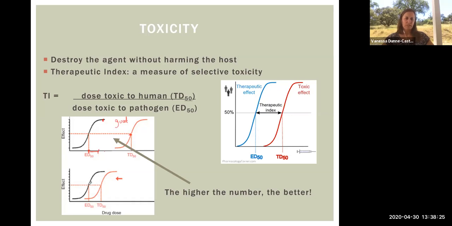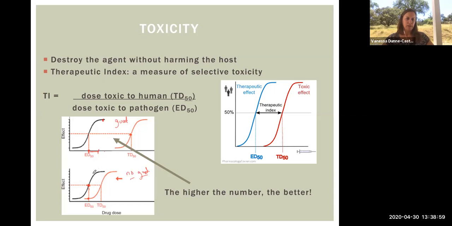In some circumstances, like with bacterial infections with super pathogens, ones that are super resistant to many different antimicrobial medications, you may have to resort to something like this. This is no good, because at the lowest concentration needed to be effective against the pathogen, you already have toxic effects in some percentage of the human population.